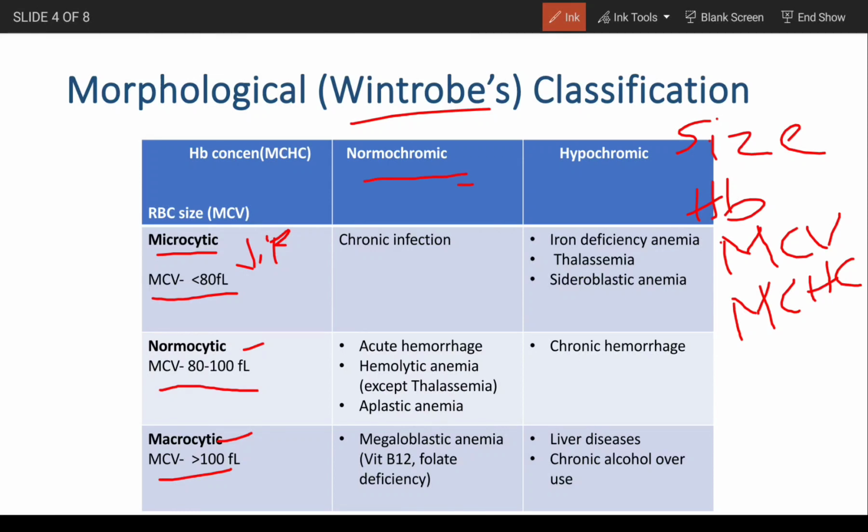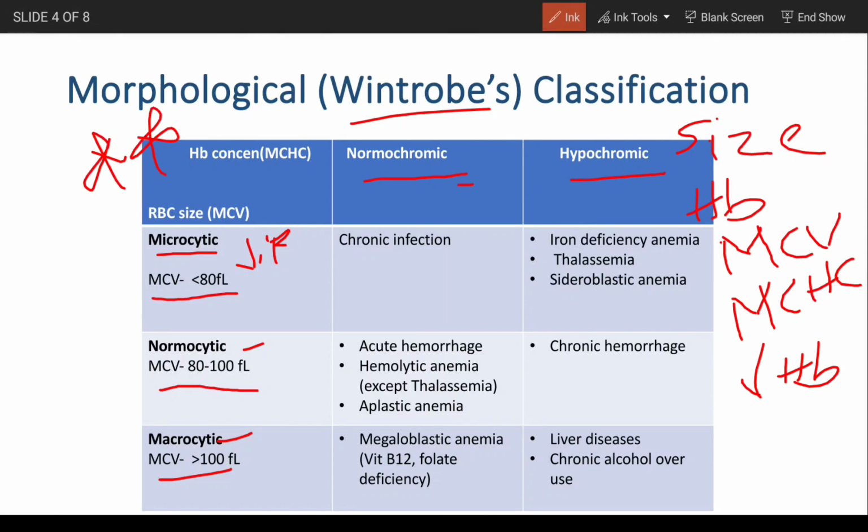If hemoglobin is less than average content, then the color changes, known as hypochromic. Increase in hemoglobin concentration is not observed in anemia because anemia means only decrease in hemoglobin concentration. Okay? Based on this, the table was created, which is important in RBC pathology, so try to memorize it well.